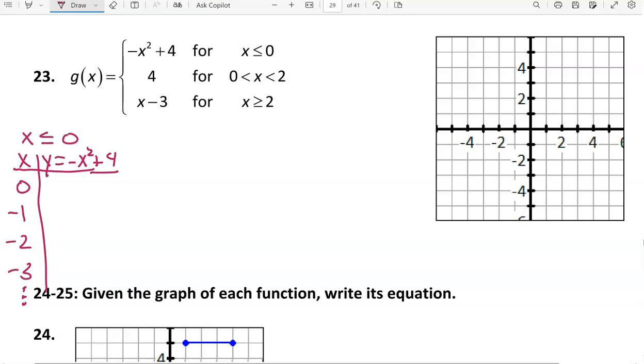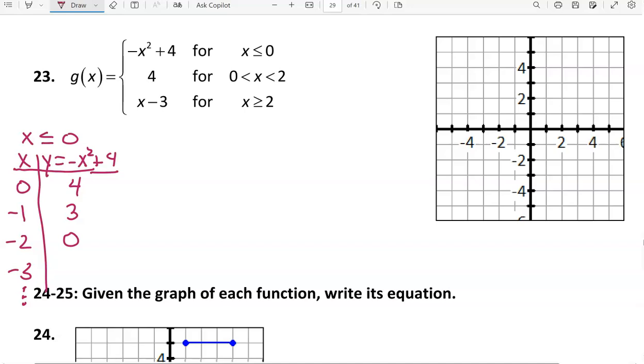If x is 0, then 0 squared is 0 times -1 is still 0 plus 4 is 4. -1 squared is 1, but the opposite is -1 plus 4 is 3. -2 squared is 4, the opposite is -4 plus 4 is 0. And -3 squared is 9.